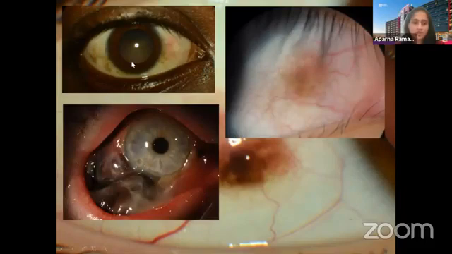The first picture that you see on the top here is complexion-associated melanosis. It's usually associated with a darker skin complexion. It's usually a bilateral condition where you see diffuse scattered pigments all over the limbal conjunctiva. The picture on the side is primary acquired melanosis. Again, this need not necessarily be perilimbal.